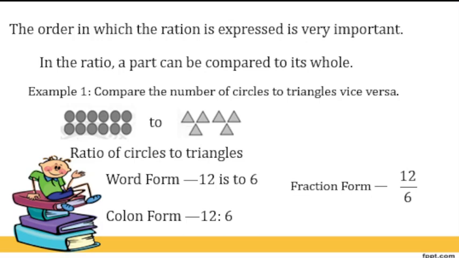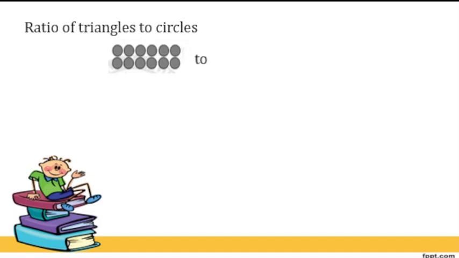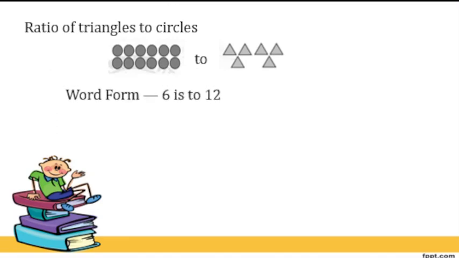Okay, so let's get the vice versa of circles to triangles. So the ratio of triangles to circles. Let me show you again the circles. There are 12 circles compared to 6 triangles. And the ratio is 6:12. Why is it 6:12?